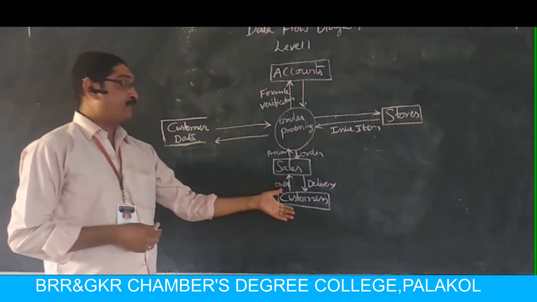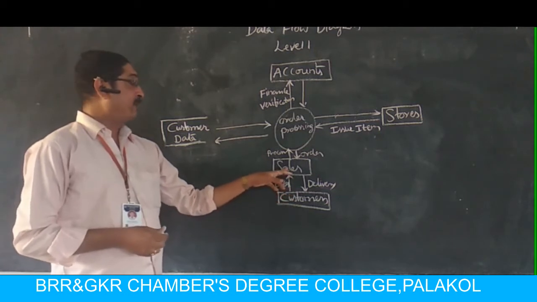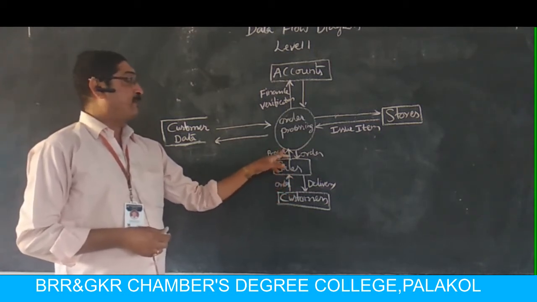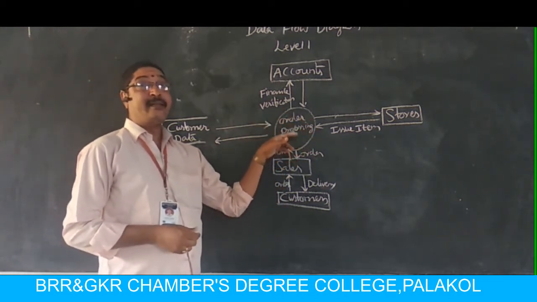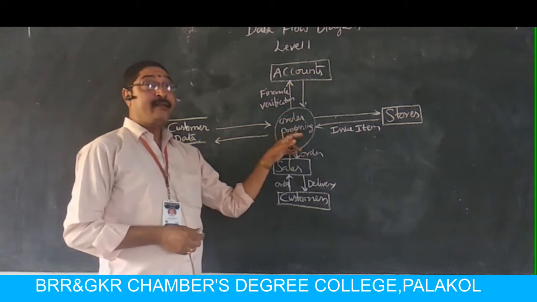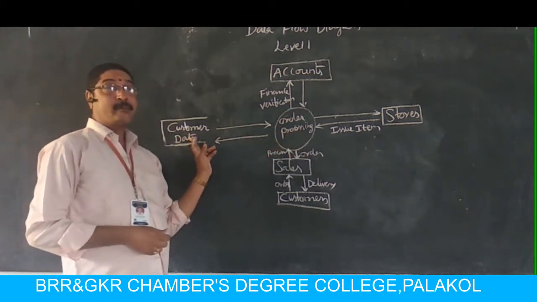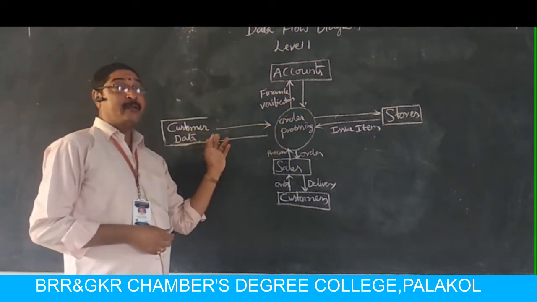The customer will be there. He will put an order. It will be sent to the sales department. The sales department will process, so the order will be processed. It is displayed in circles. In this order process, the customer will be verified, whether he is a regular customer or a new customer.